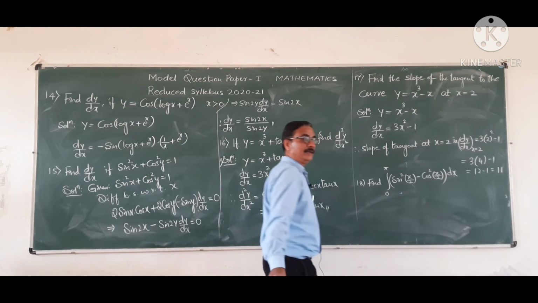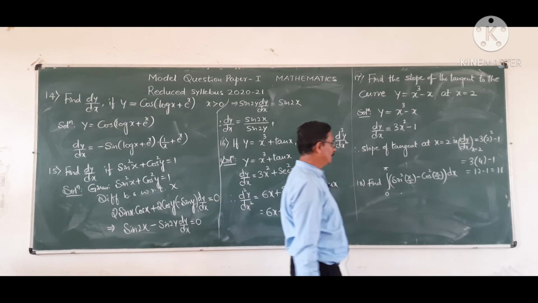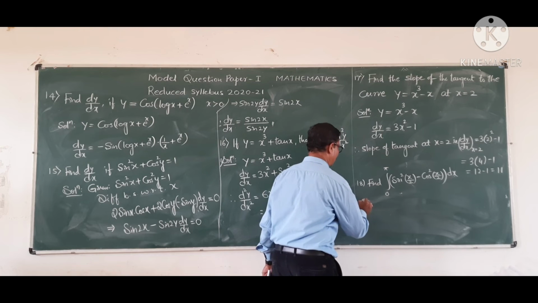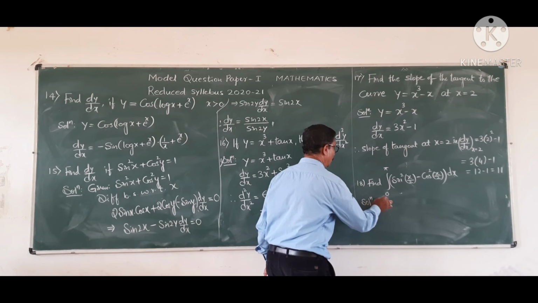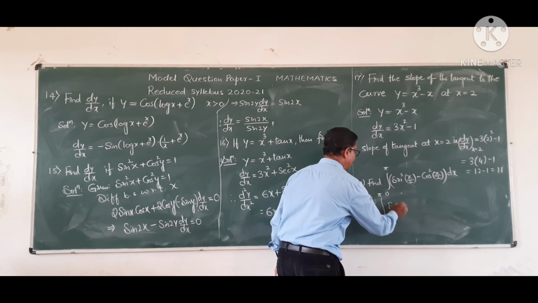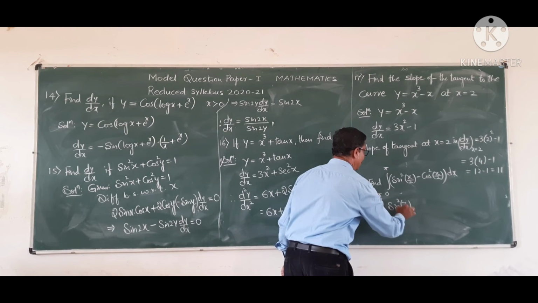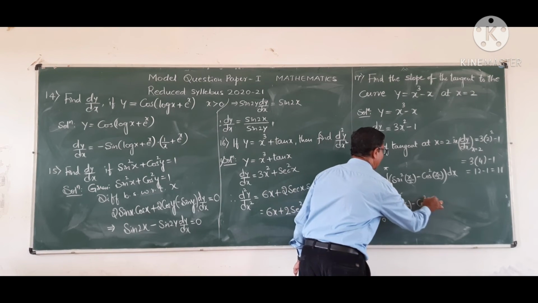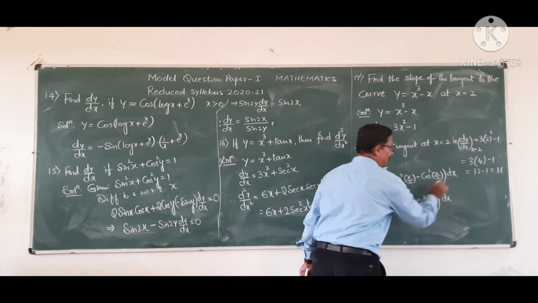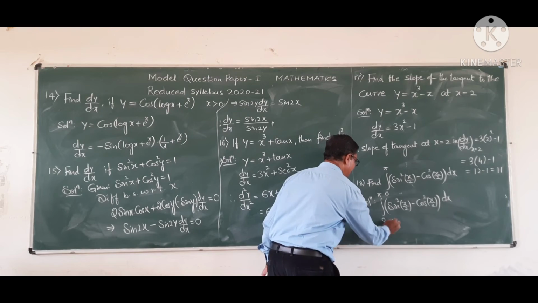Submultiple angle given, sin square x by 2 minus cos square x by 2. Now simplify. How to solve? Integral from 0 to pi of sin square x by 2 minus cos square x by 2 with respect to x, that is equal to.